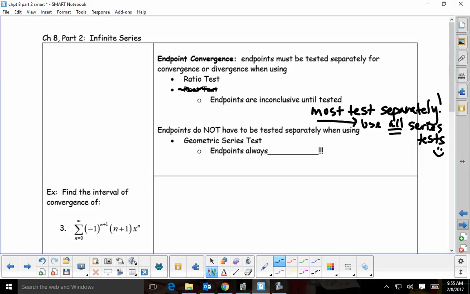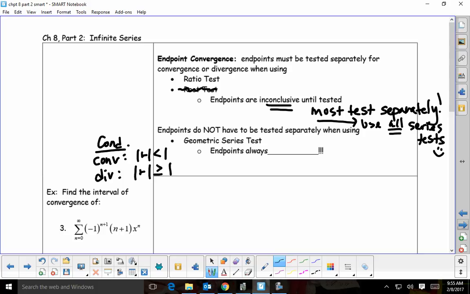And just so we make a little note so we understand, the reason we're testing these guys is because we know they're inconclusive. But if I have a geometric series test, what are the conditions for convergence and divergence of a geometric? This one, the absolute value of r is less than 1, and this is when the absolute value of r is greater than or equal to 1.